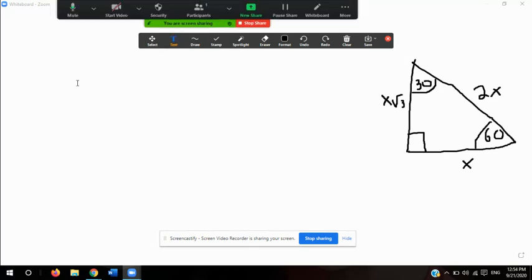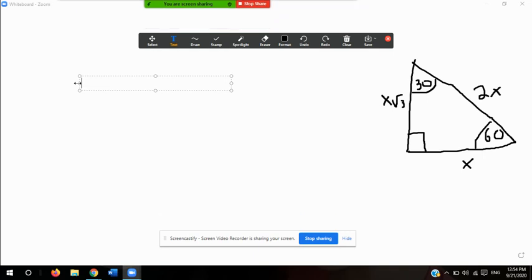So let's look at example number 1. The problem says, evaluate the 6 trigonometric functions for an angle that measures 30 degrees.